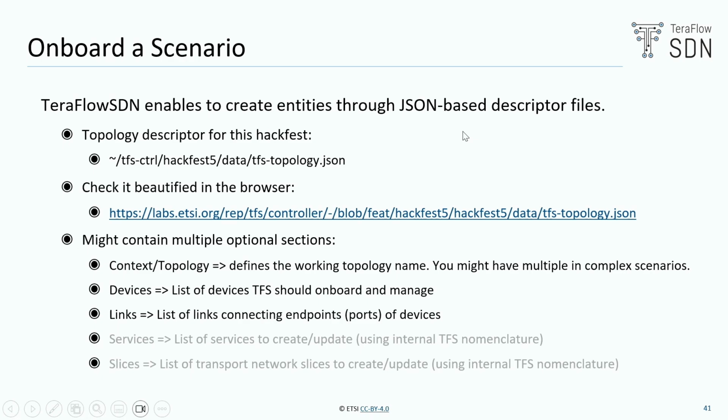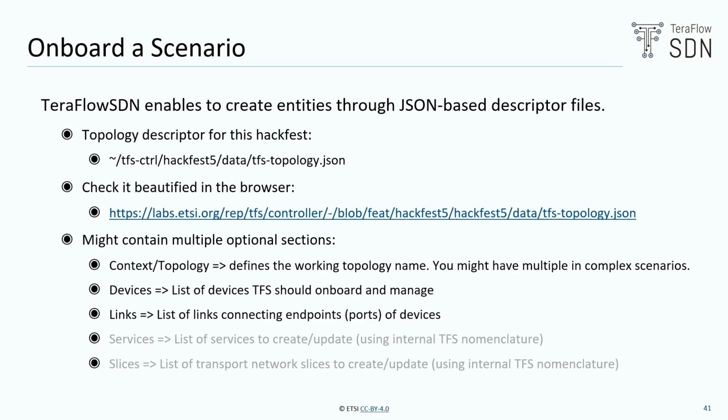So, how to onboard the topologies and the scenarios in TeraFlow. The idea is that in the web user interface, as you will see in a few minutes, we can upload JSON files that follow a structure that I will explain in a minute. They enable you to define things like the context and topologies that you want to deploy in TeraFlow, the devices, the links, create services, create slices, and so on.